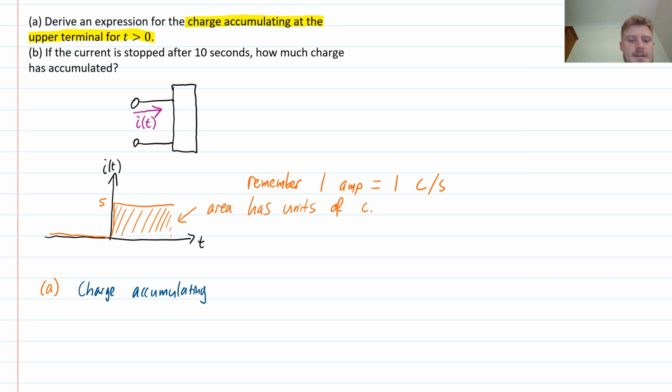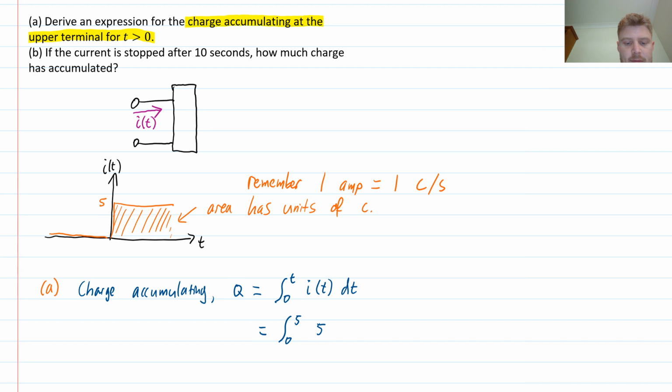So the charge that is accumulating, let's call it letter Q. Q is commonly used for charge. So that will be the integral, basically from the beginning, turns on at 0, up to some arbitrary time t, the integral of the current with respect to time. Now the current in this case is just 5 amps.